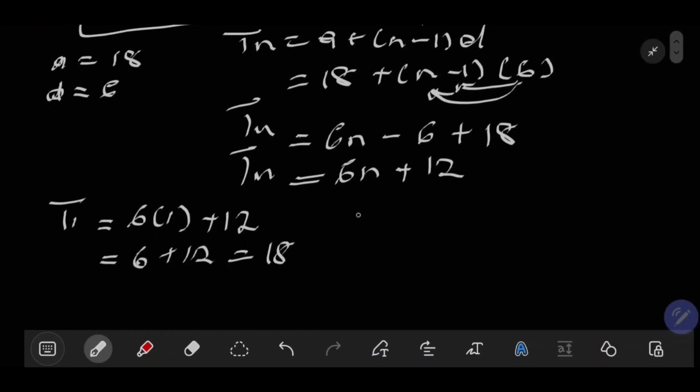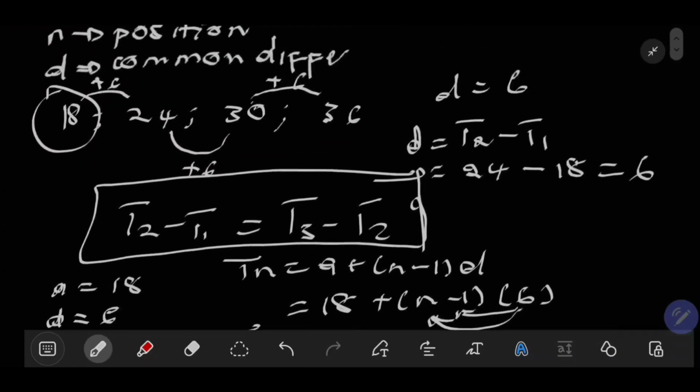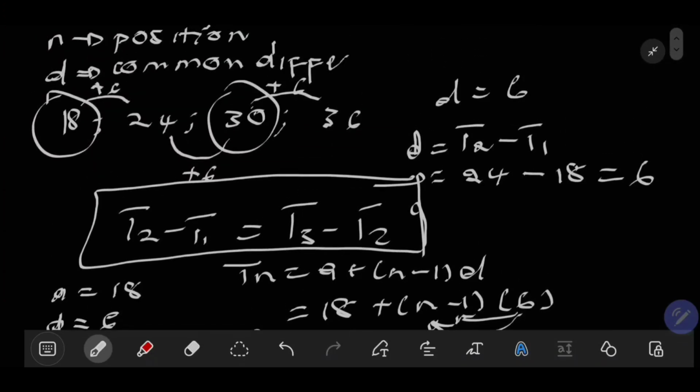Now for term number 3, where we see n, we substitute 3. Then 18 plus 12 gives you 30, and we can see that term number 3 here is 30.